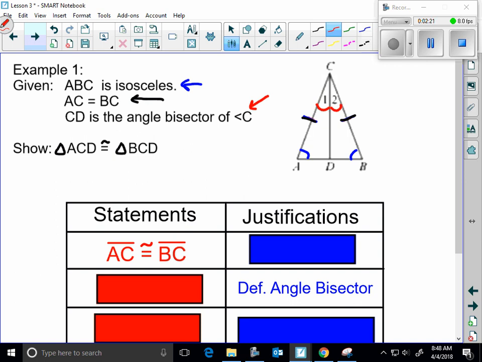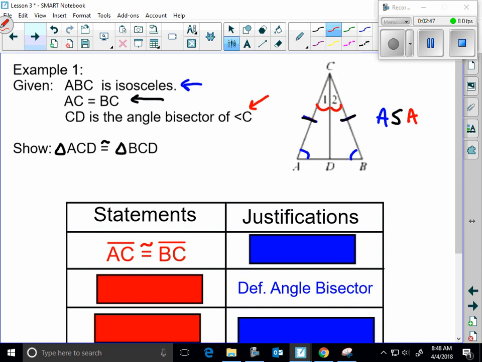Okay, at this point, as you look at this, which of our 4 congruence statements would we say is true? Yeah, somebody said it. Angle, side, angle. Well, angle, side, angle has the side directly between the 2 angles. Right.